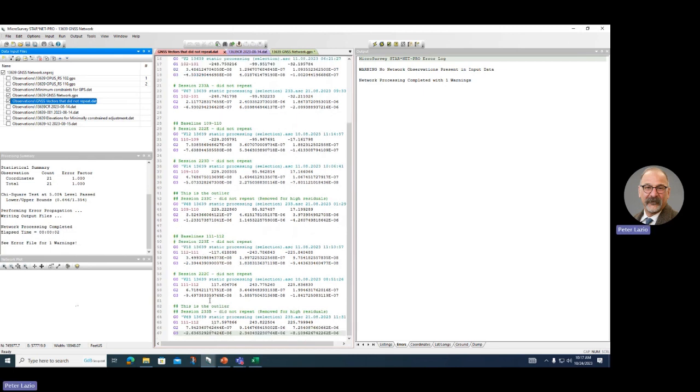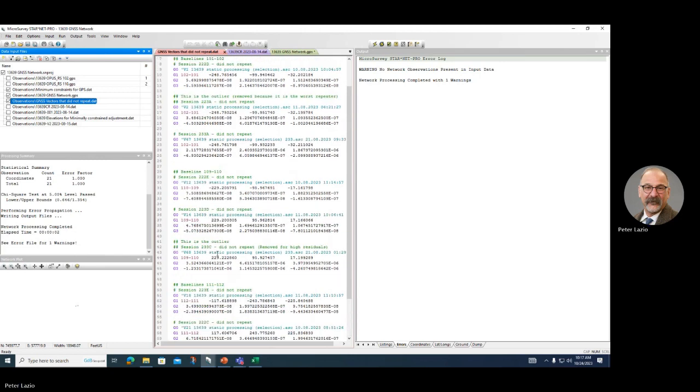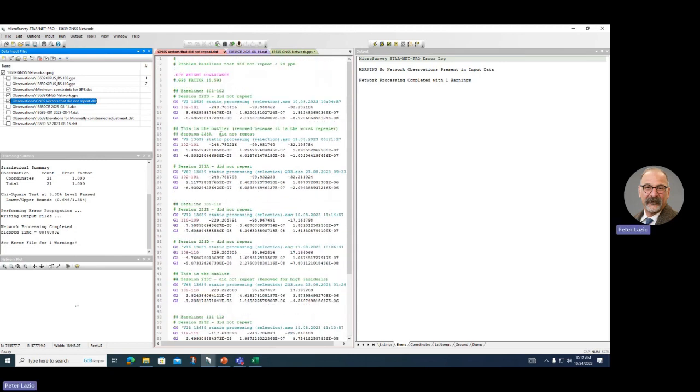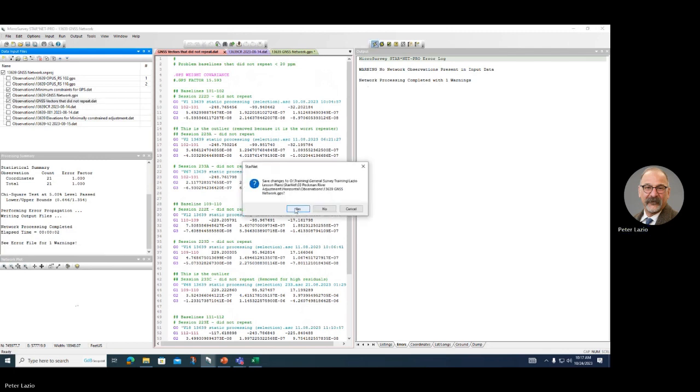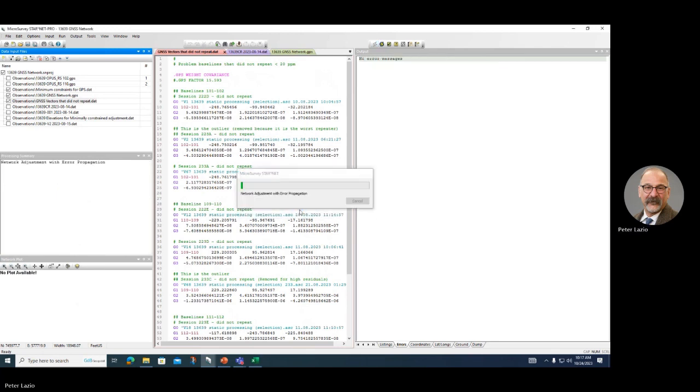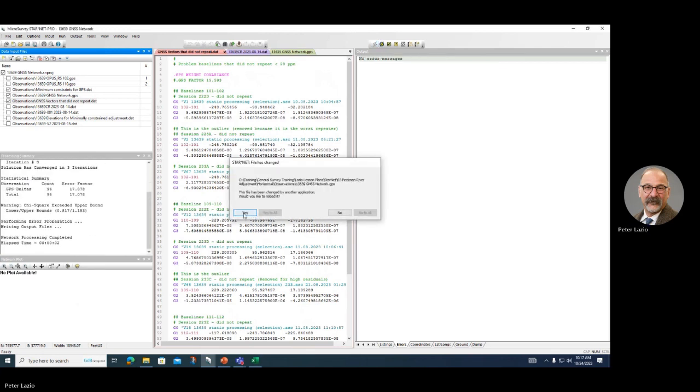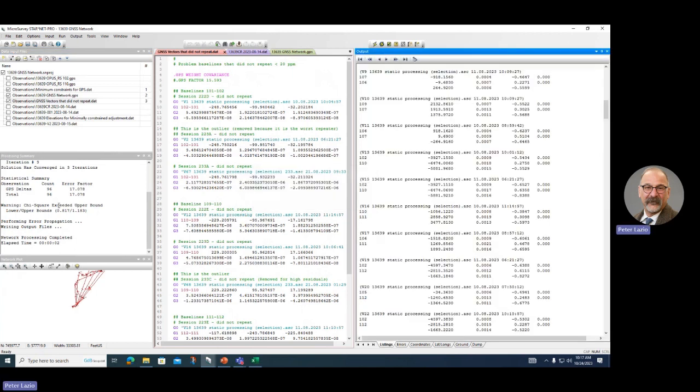Make sure it doesn't come in as an outlier. So I would run that, and I got an error factor of 17.